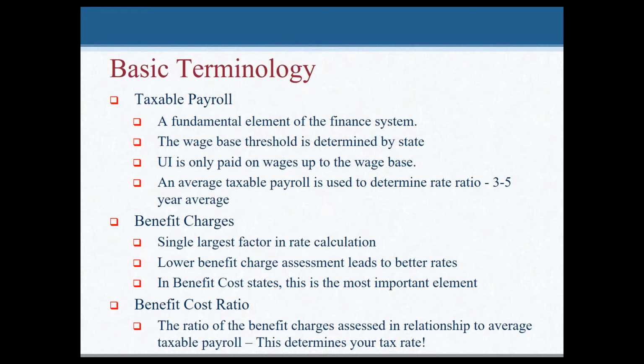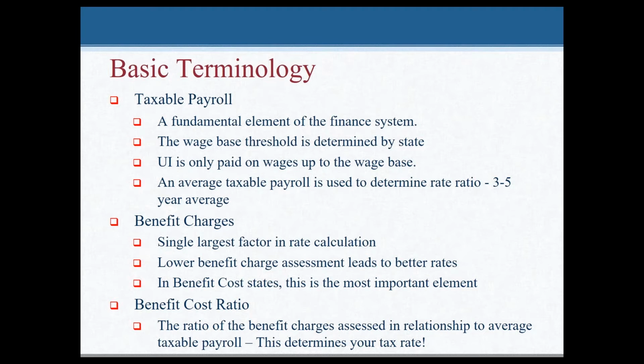Okay. Same would be with the benefit cost states. The lower your assessed charges are to the 3-year average taxable payroll, the better your benefit cost ratio, and therefore that will result in a lower unemployment tax rate. So benefit charges, regardless of the system, are the absolute key element in this.